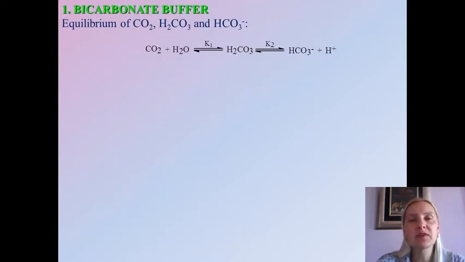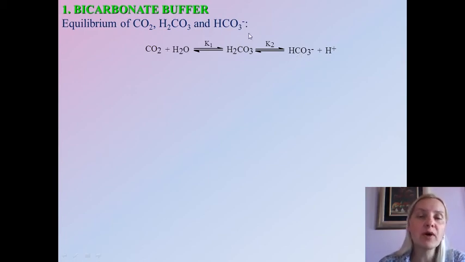So let's start with the first buffer, the bicarbonate buffer, and here is the equilibrium which I have written before. We have an equilibrium between carbonic acid and its gaseous form, carbon dioxide, and we have the dissociation of carbonic acid to bicarbonate ion and hydrogen ion.